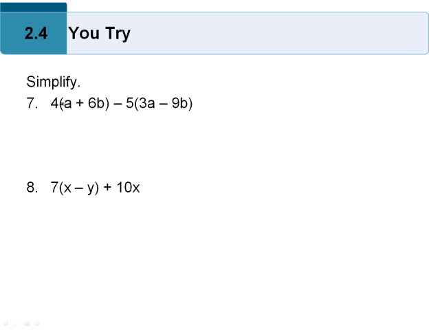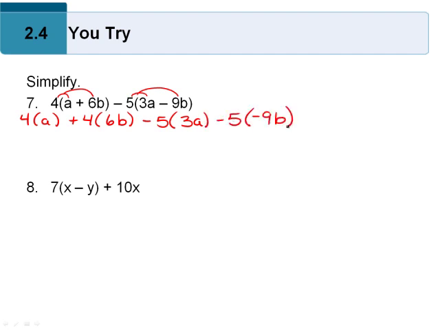Okay, so here you're going to distribute a 4 and a negative 5. So distribute the 4, and we're going to distribute negative 5. So let's see, we have 4 times A plus 4 times 6B. Make sure you can tell your 6 from your B, because, oh my gosh, some people's handwriting, it's pitiful. All right, now we're going to take negative 5 times 3A and negative 5 times negative 9B.